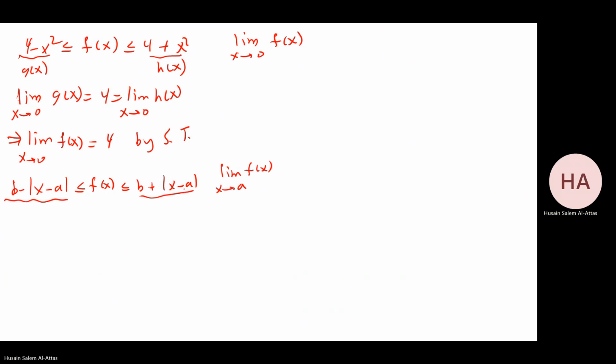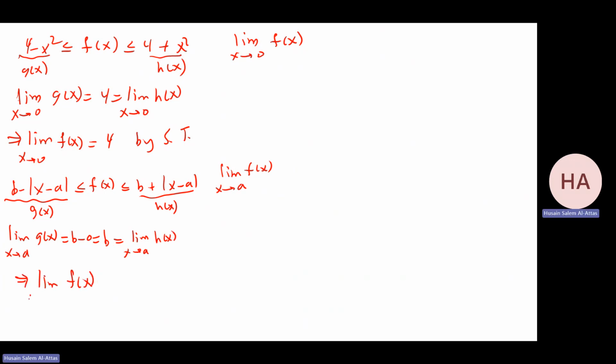This is g of x. This is h of x. What is the limit of g of x as x goes to a? It will be b minus 0, which is b, which is the same as the limit as x goes to a of h of x. This means limit f of x as x goes to a will be equal to b by squeeze theorem. Okay.